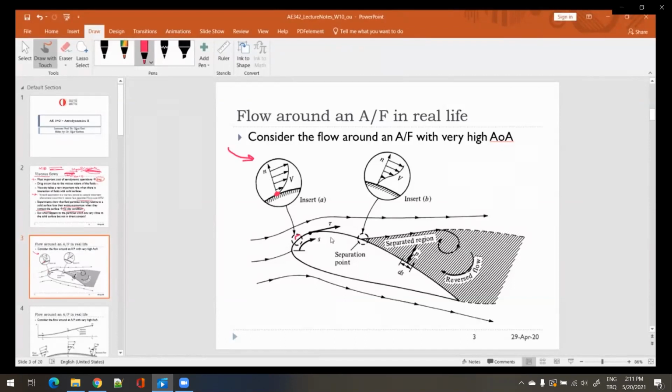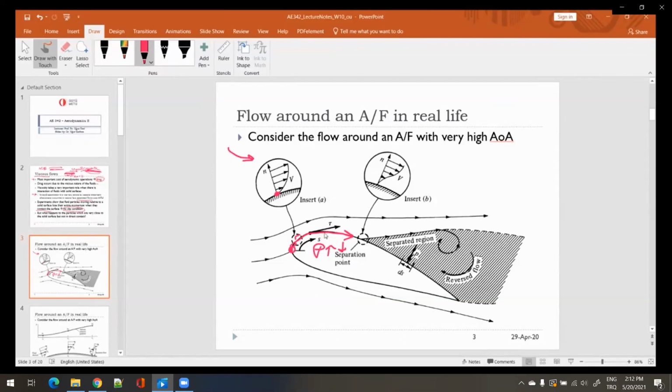Depending on the airfoil shape, this pressure can increase in some regions or decrease in other regions as you go along the surface. Generally, in a typical airfoil geometry, initially after the stagnation point, the pressure strongly drops and reaches a minimum pressure level.